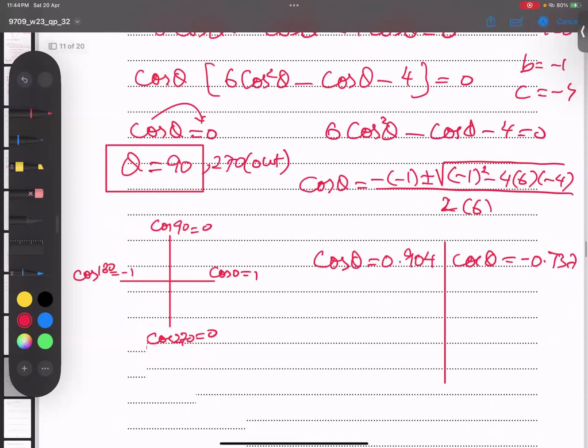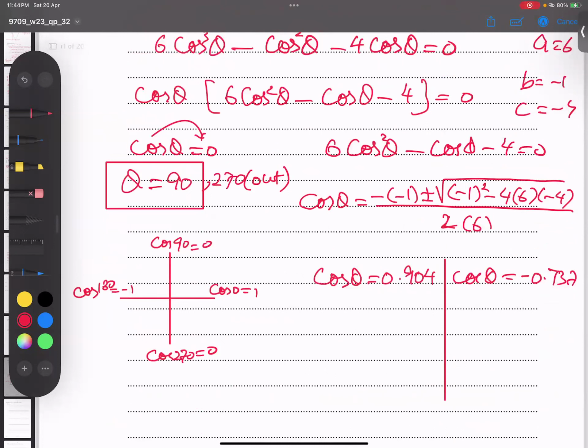So students, let's talk about this one. Convert your calculator to degree mode. Cos inverse 0.904, I get, students, you know cos is positive in the first quadrant and the fourth. One is out of range, the other is in range.